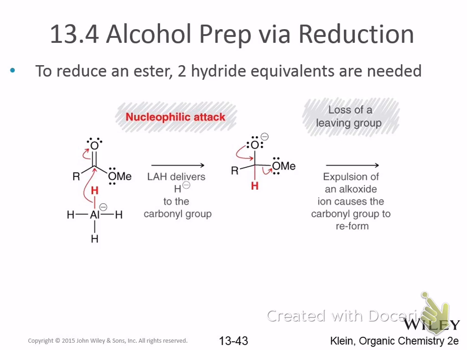So anyways, aluminum hydride transfers a hydride. You get this, and geometry-wise, this is trigonal planar. The groups have a lot of distance between them. This one's tetrahedral, and so the angle between the groups shrinks, and that creates strain.